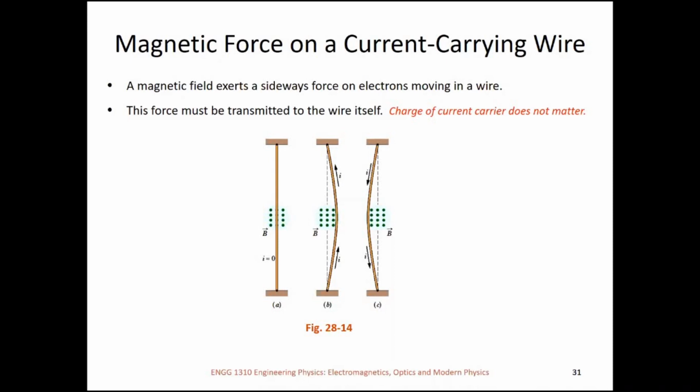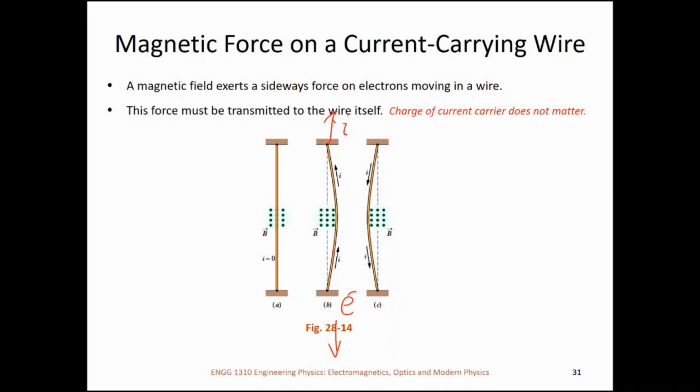For example here, if you don't have current going through this wire, then there is no force. If you have current going through it, we can do some analysis. Here we have the current going upward, which is equivalent to saying the electrons are going downward. Then we can make some judgment on the force using the right hand rule.